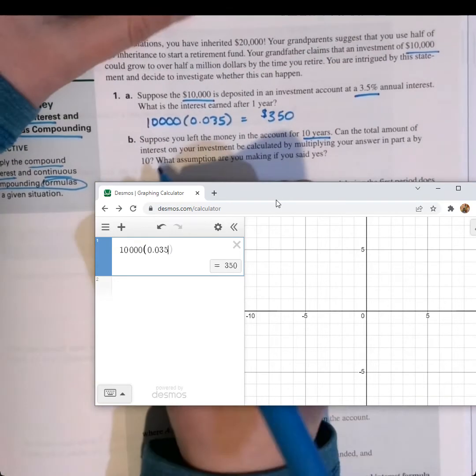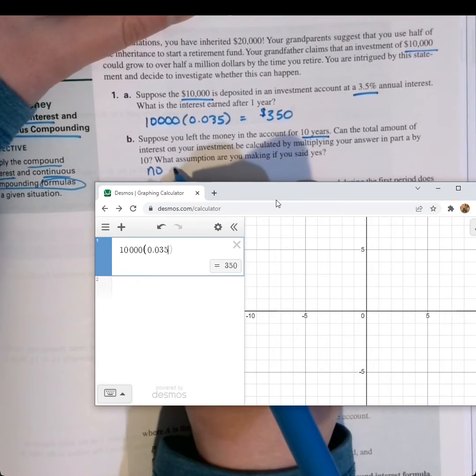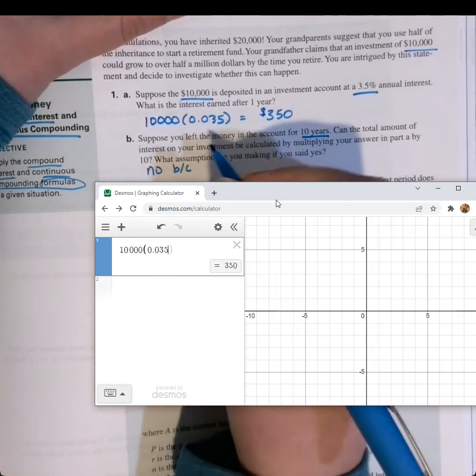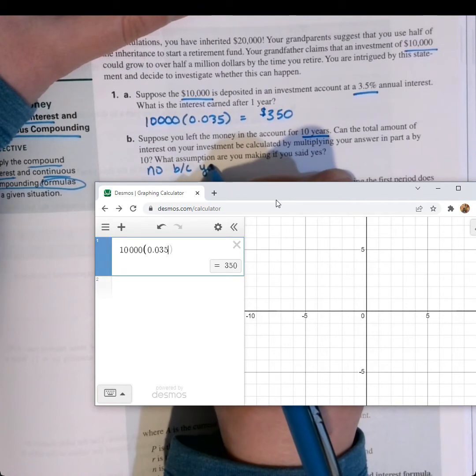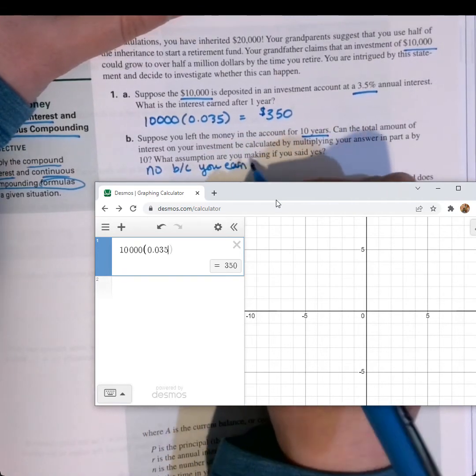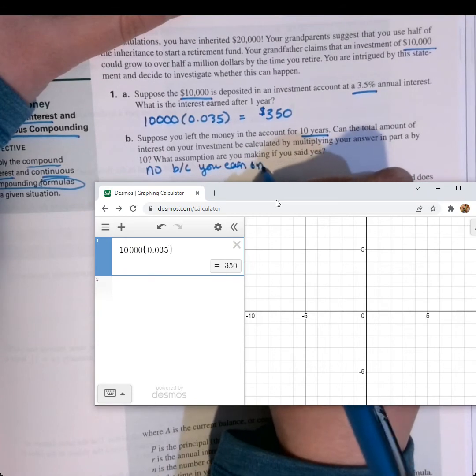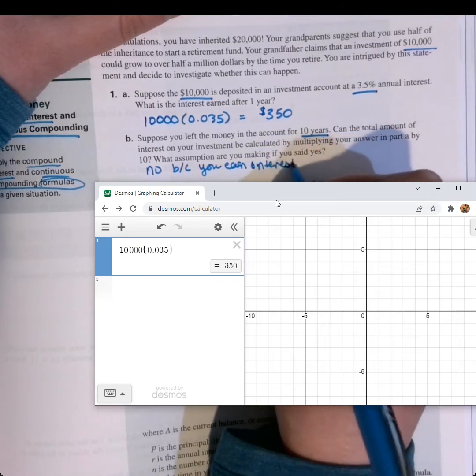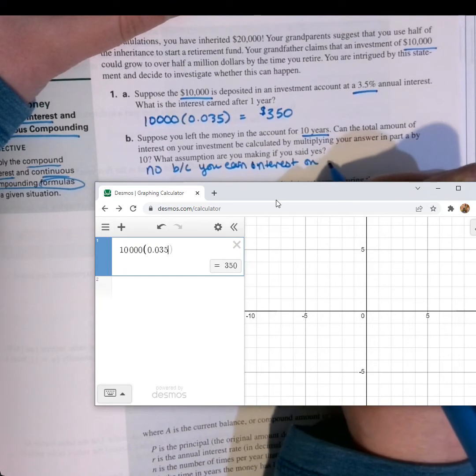So I would say no, because you earn interest on previous interest.